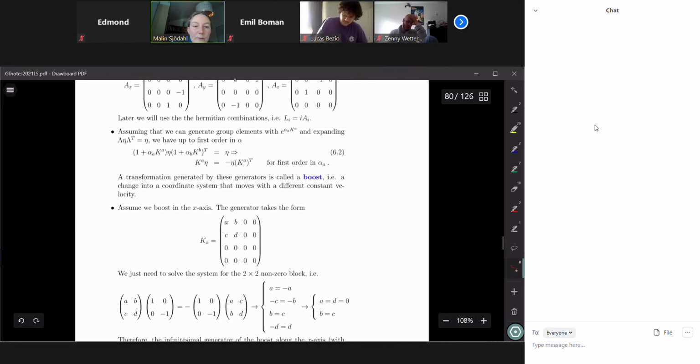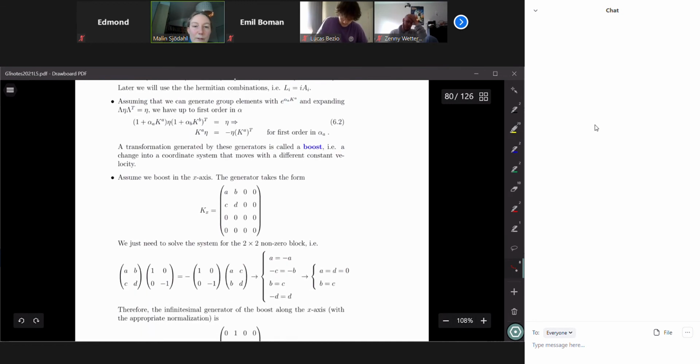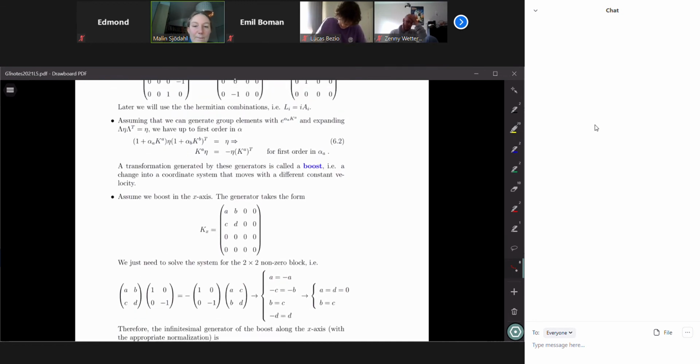So now we are looking for those transformations, and we want to consider a boost along the x-axis. So actually we steal here the knowledge that this should be the boost that is not changing z and y, so we place our zeros here.